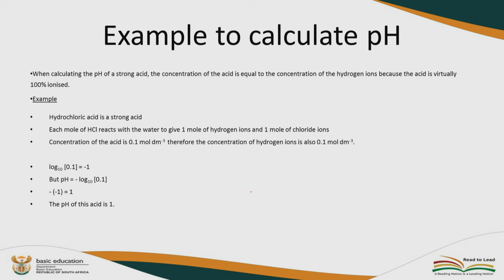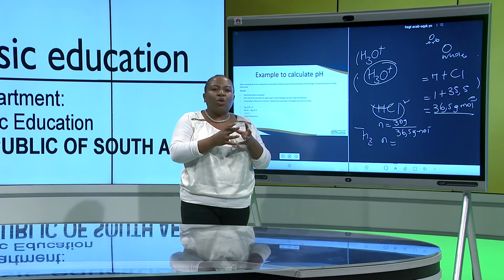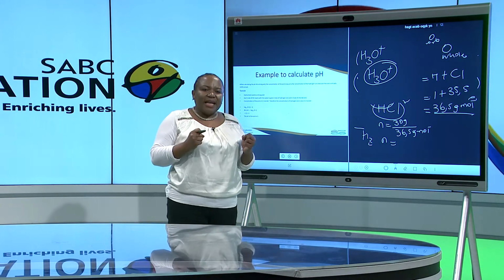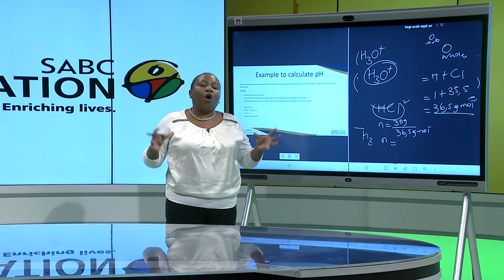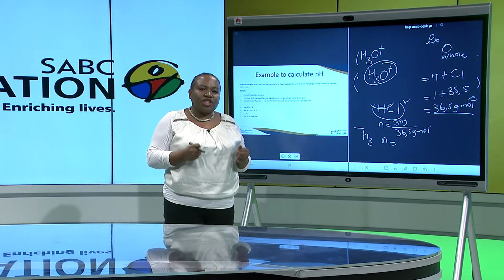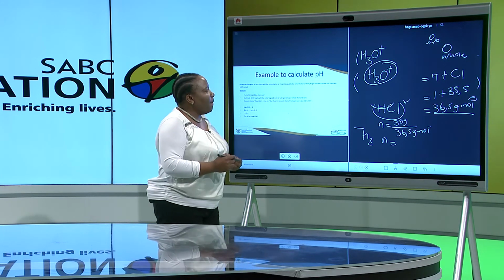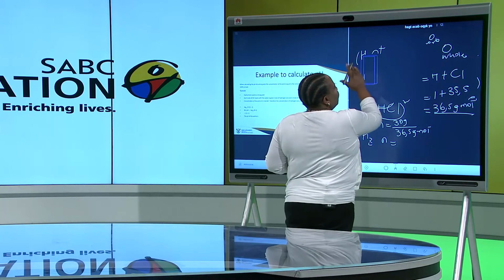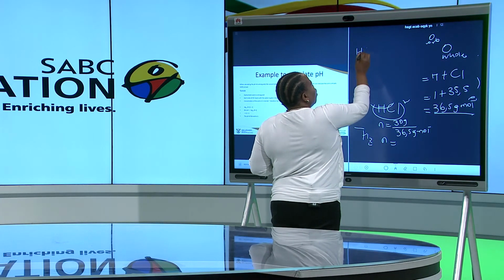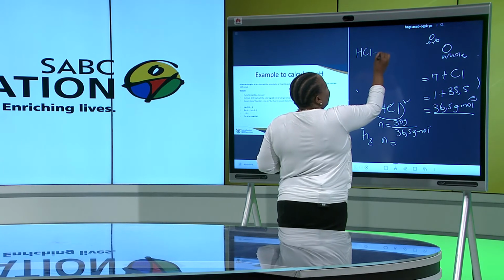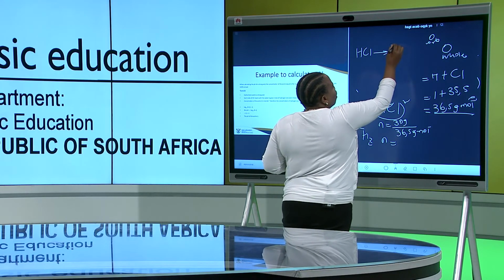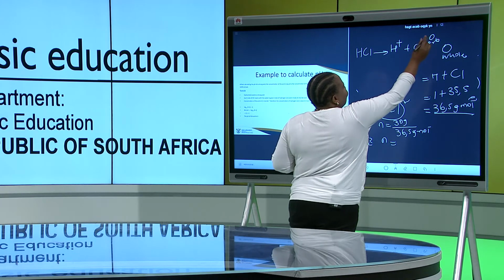Now, if an acid is a strong acid, I think it is very important and it must be emphasized. When you have a strong acid, we know that for the nature of strong acid ionizing completely, it means that whatever ions will be formed will have the same concentration as that acid. For example, if you have hydrochloric acid, and then hydrochloric acid dissociates, it will dissociate to H plus and Cl minus.